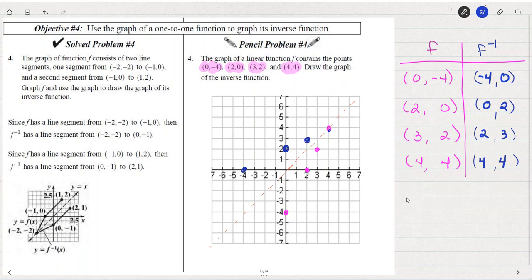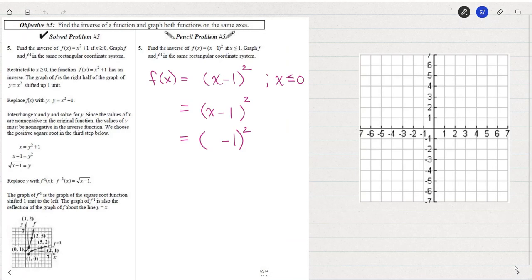The graphs of two functions are inverses of one another if they're symmetric across the line y equals x. That's this line, y equals x. And because we have symmetry across that line, we know that they're inverses.